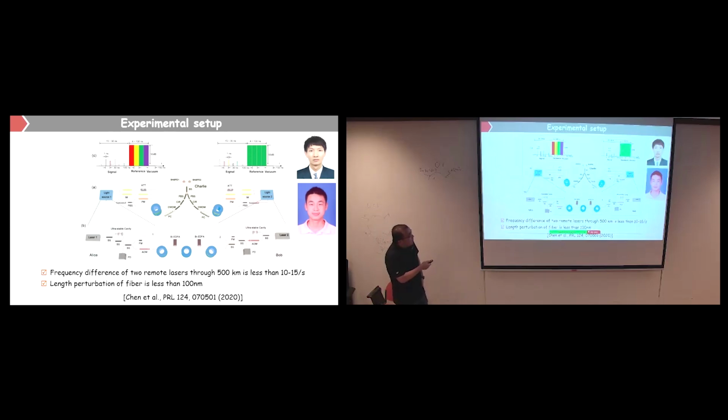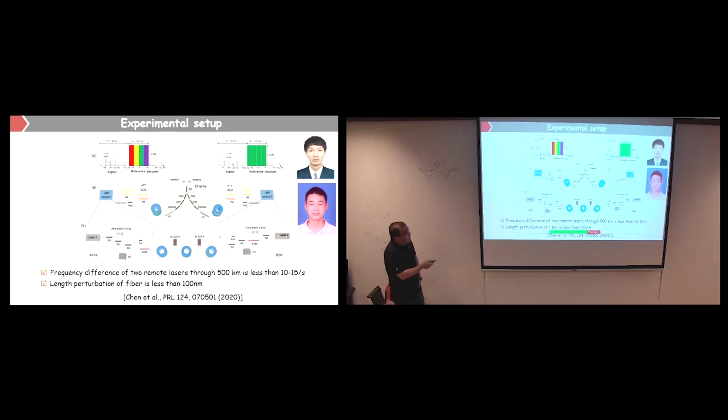First of all, we have a laser, and these two lasers are locked to an ultra-stable cavity. The cavity is very stable, and the bandwidth of this laser is less than 1 Hertz, so the coherence time is more than 1 second.